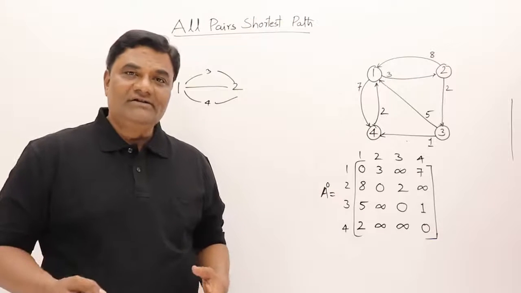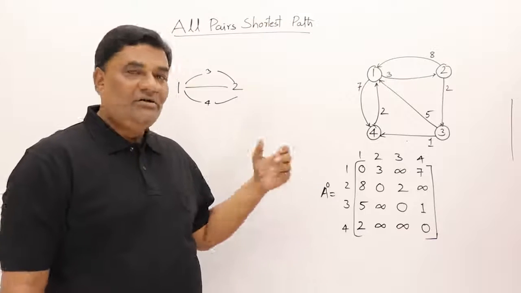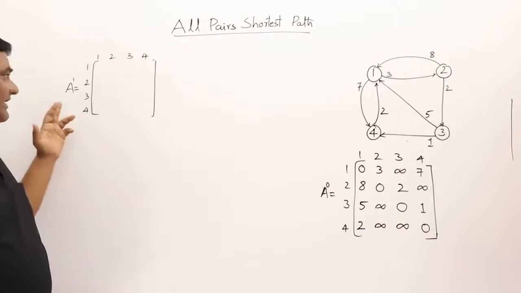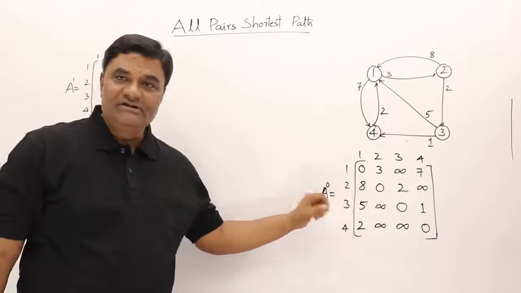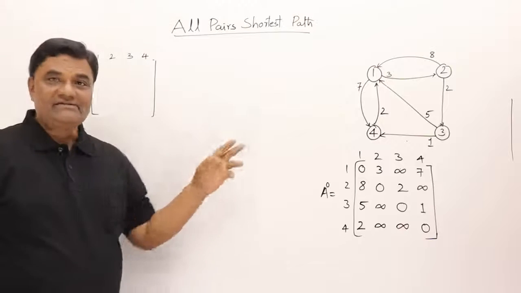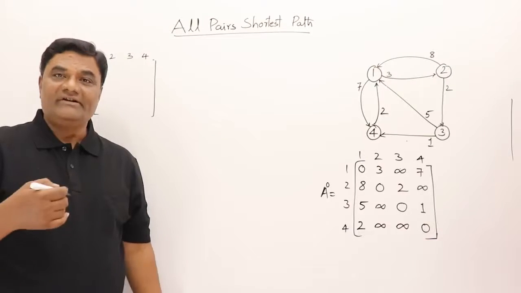Now, we will solve it by preparing matrices. So let us see how matrices can be prepared. Let us prepare a matrix A1. See, this was A0, the original matrix. Now here, I am going to consider the intermediate vertex as vertex 1. So is there any shorter path going via vertex 1?